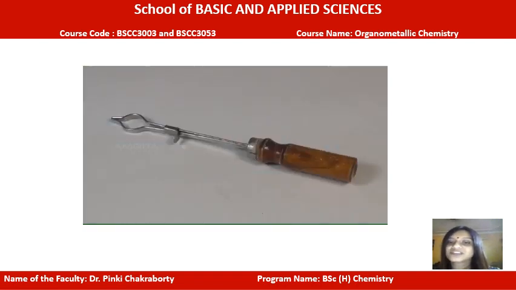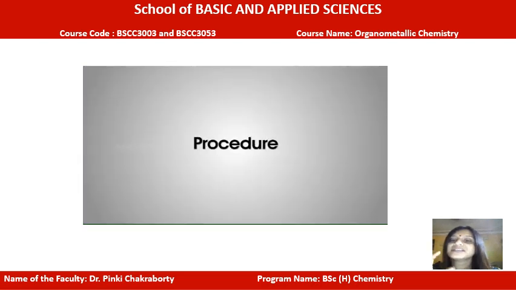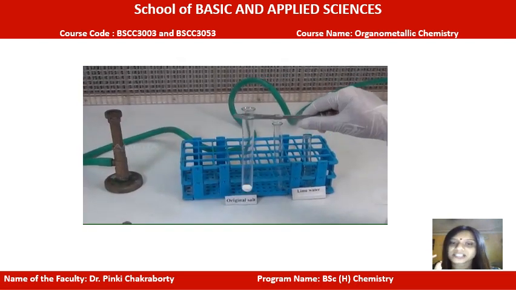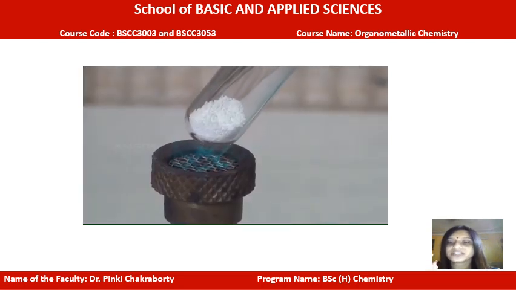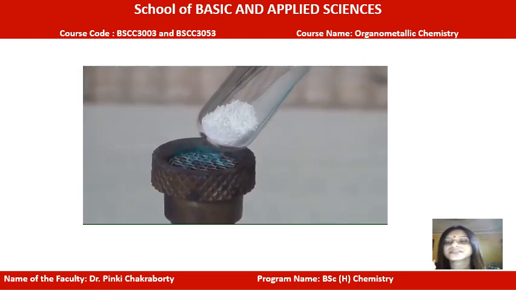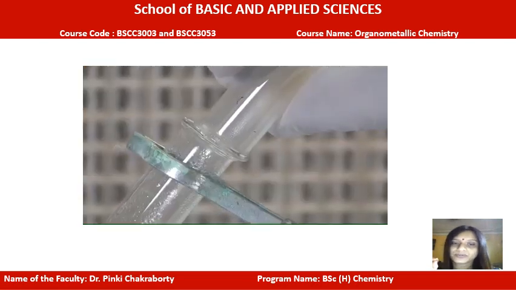Next is the dry heating test. The materials required are the original salt, a test tube, lime water, that is calcium hydroxide solution, a test tube holder and a Bunsen burner. First, in the test tube we take the solid salt and heat it over the burner.